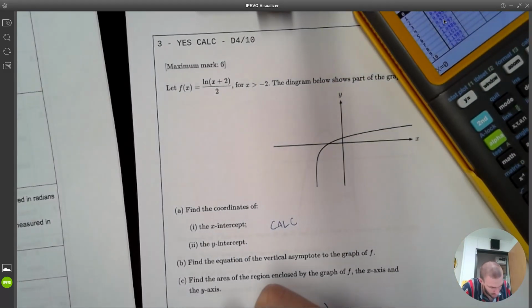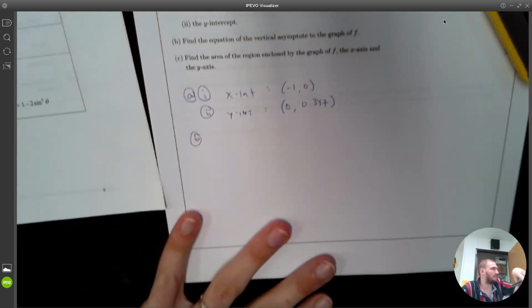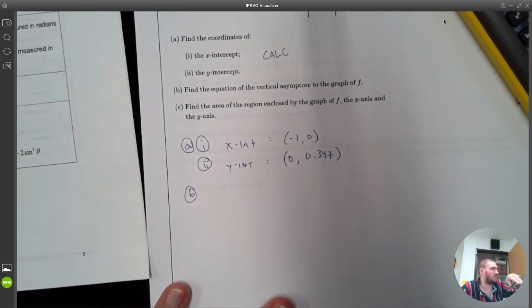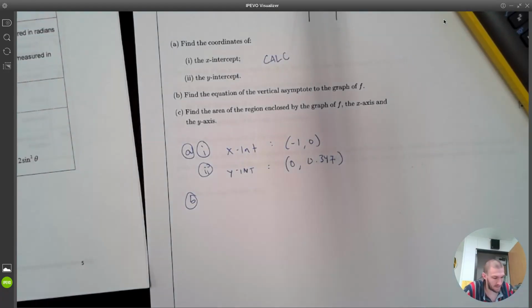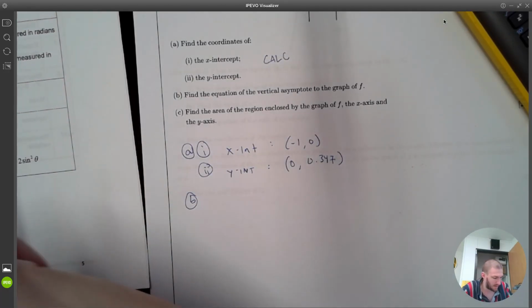Find the equation of the vertical asymptote. Vertical asymptote requires that I understand how these natural log graphs work.